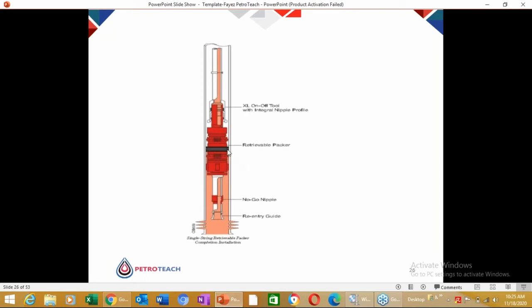As an example here for the production, you can notice this is one of the production strings. We have to consider the packer, a retrievable packer, as an example. This is a considered barrier. We are talking anyhow about the barrier. And here we consider the bridge plug and XL nipple, and so on.